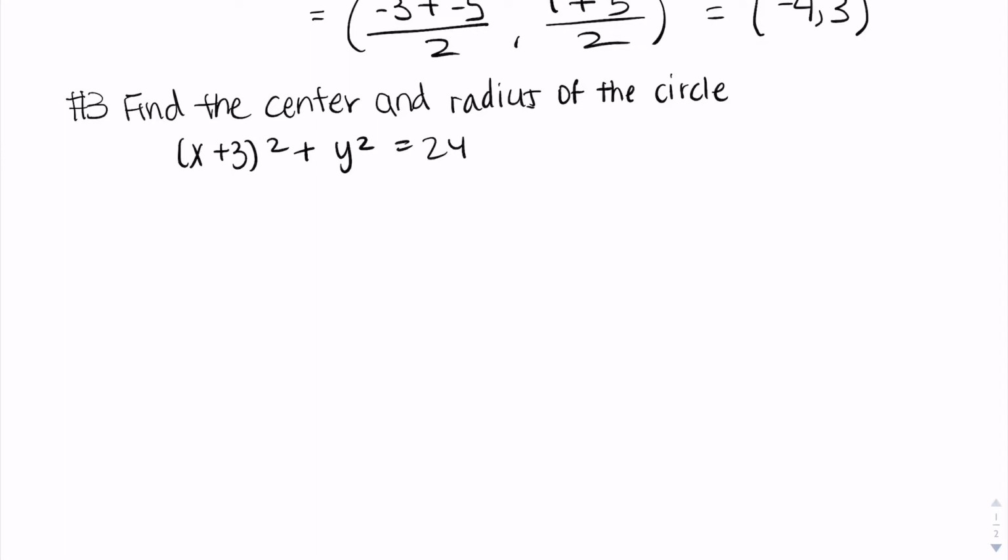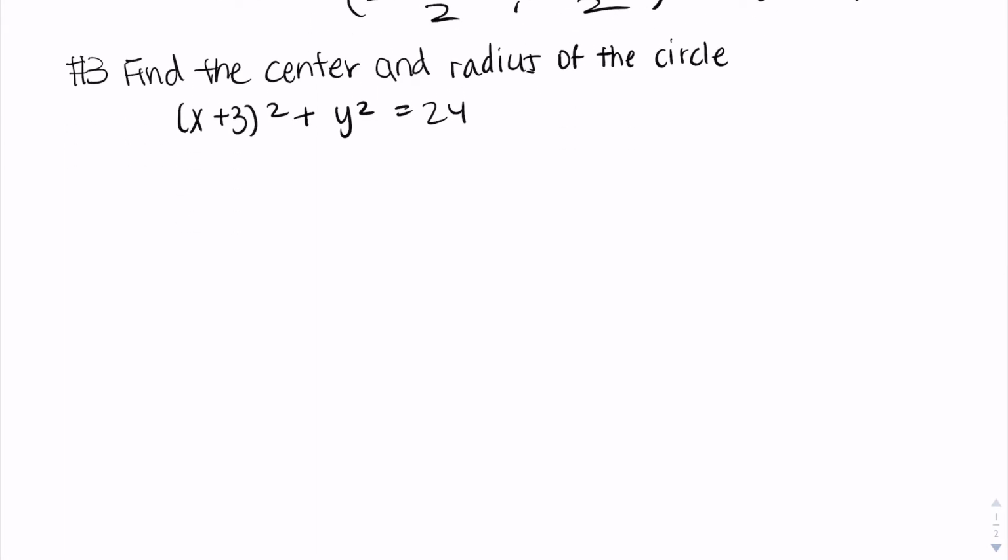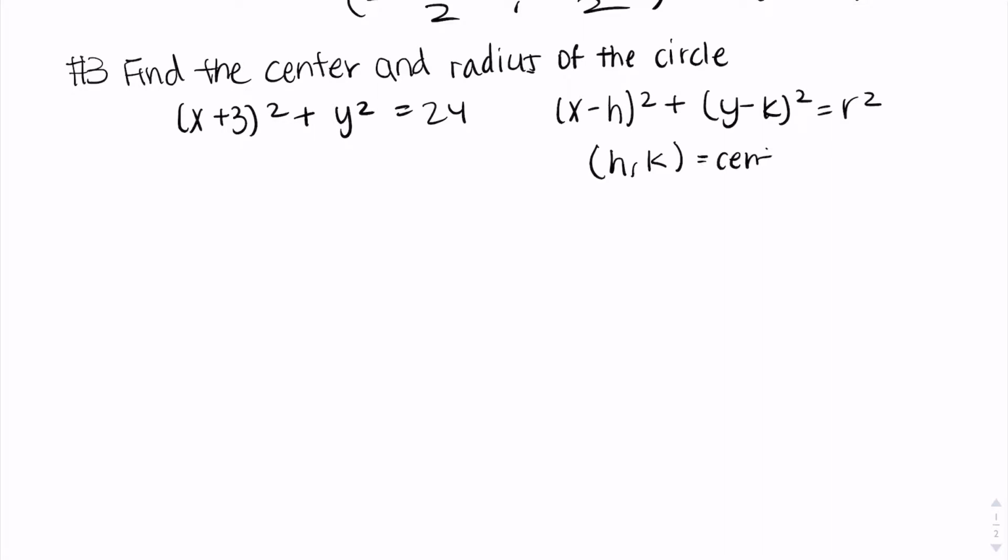Remember that this is the equation for a circle, which is x minus h squared plus y minus k squared is equal to r squared, where h and k are the center, and r is equal to the radius.